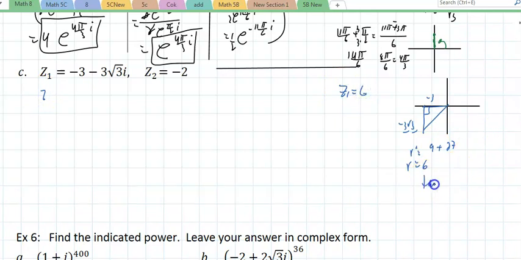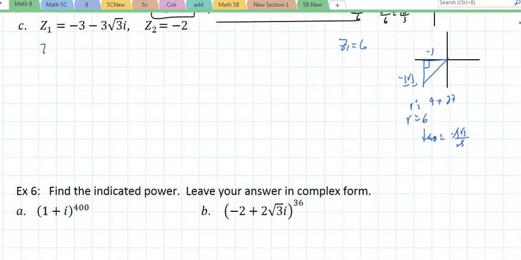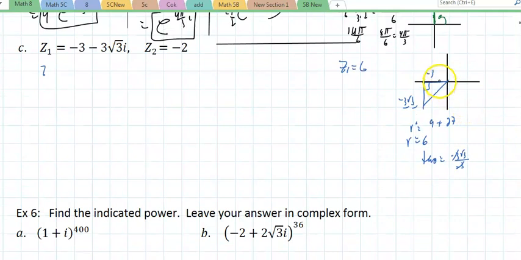And tan of theta equals the opposite over the adjacent, that's radical 3. And radical 3 would be 60 degrees, pi over 3. So what's that angle right there? That would be 4 pi over 3.